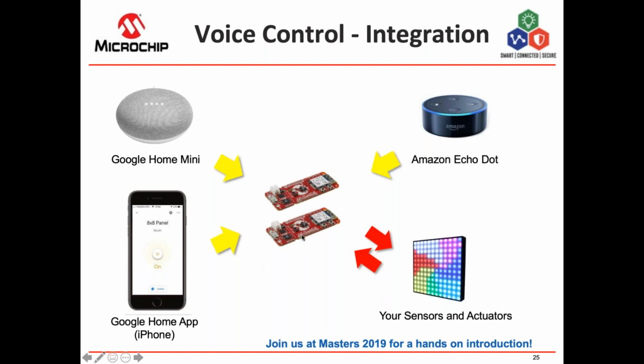You can give commands to the board and ask for queries and status information and whatever. At Masters in Arizona and later in Berlin this year in Europe, we will be doing a live demo and a class teaching people how to do voice control using these boards, both the PIC and the AVR.